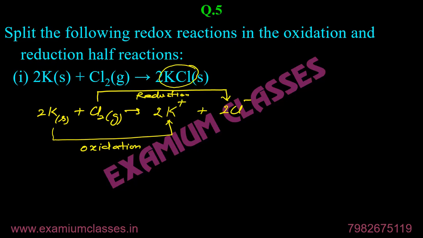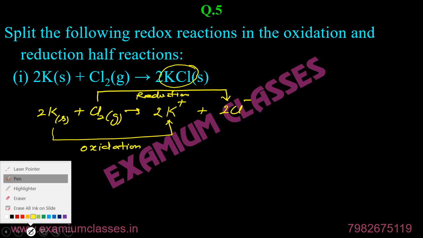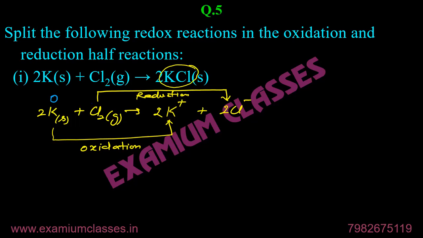Because in their elemental form, the oxidation states are zero. So here potassium and chlorine will have oxidation states 0. But in ionic form, their oxidation states will be +1 and -1. So 0 to +1 is increasing oxidation, 0 to -1 is decreasing, reduction. So that's what you need to write.